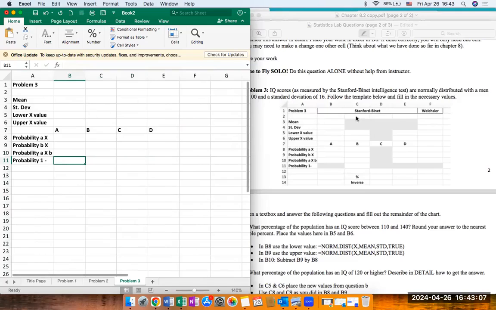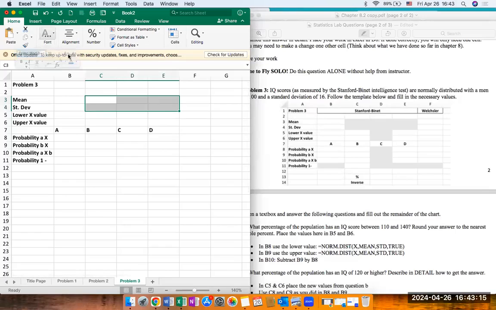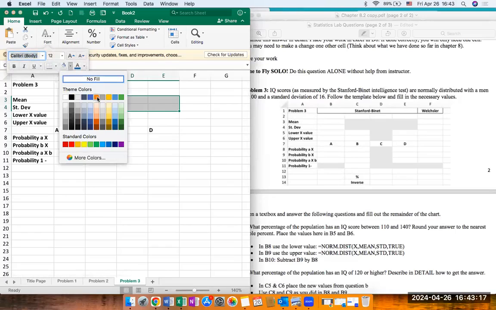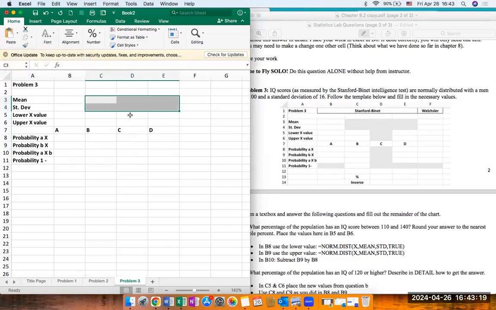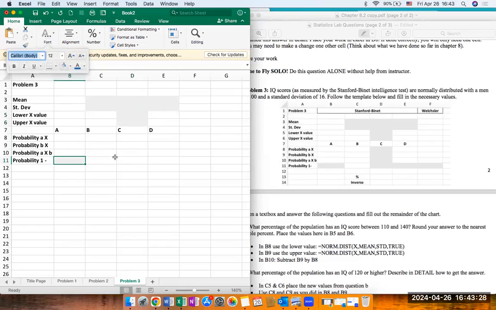So it looks like from C3, C4 here, we're just going to change that to gray. This will be filled in with a little bit of gray. This one is gray. This stuff is gray.